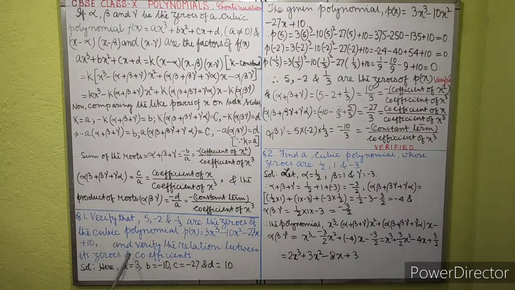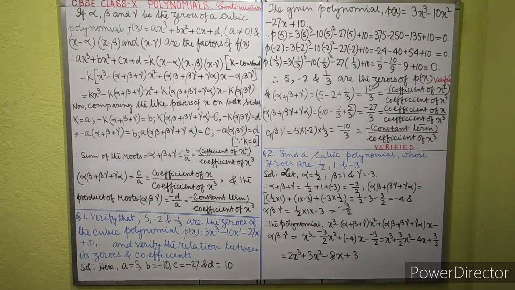We also have to verify the relation between the zeros and coefficients. The coefficient of x cube, that is a, equal to 3, coefficient of x square, that is b, equal to minus 10, coefficient of x, that is c, equal to minus 27, and the constant term, that is d, equal to 10.